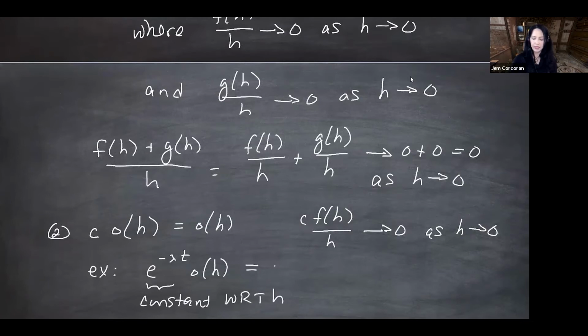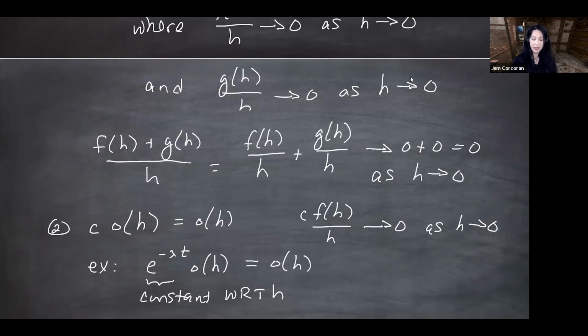So this whole thing is still little o of h because it represents e to the minus lambda t times some function f of h. When you divide by h and let h go to 0, the f of h over h is going to 0. So the whole thing goes to 0. And there's nothing in the e that's going to cancel that because it's a constant with respect to h. All right.